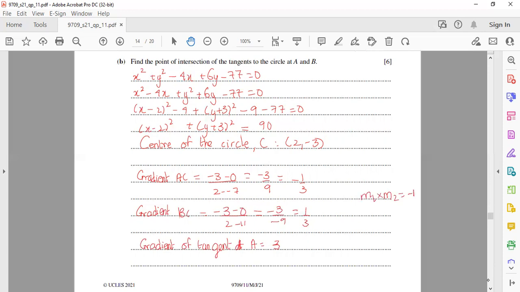So minus 1/3 times m2 is minus 1, so m2 should give me 3. And then similarly, the product of gradients is equal to minus 1, so the gradient of the tangent at B would be equal to minus 3.